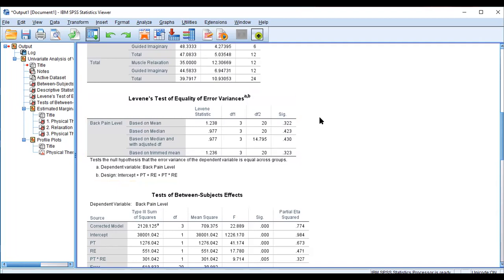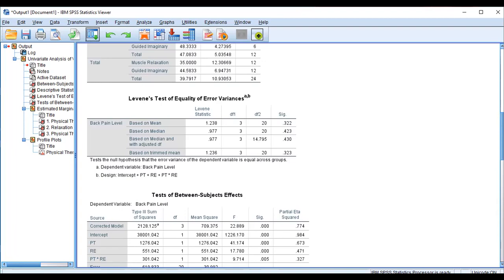Significance of 0.322 means the two groups we have are coming from the same population, so it proves equality of variances. Had it been less than 0.05, we would have said that equality of variances is not proved. So this is Levene's test of equality of variances.